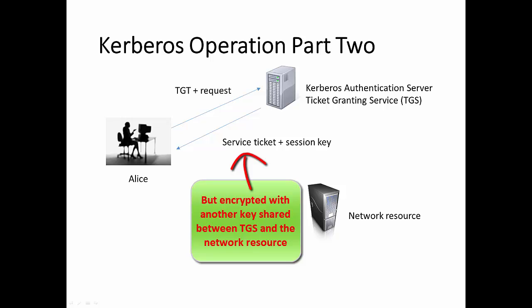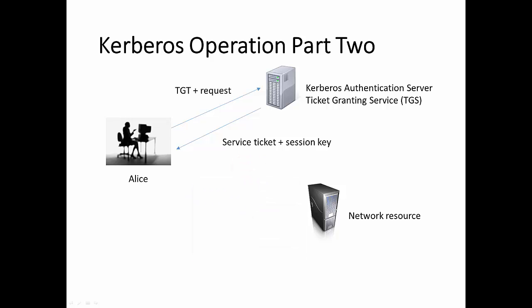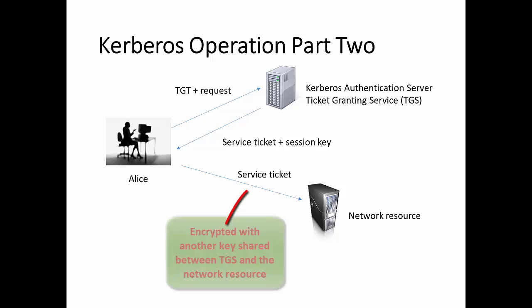Now the next step is, since Alice now has her service ticket, she can send it to the network resource she wants to use. That's what's happening here in the next step. She's sending her service ticket to the network resource, and the service ticket itself is again encrypted by, in this case, a secret key shared between the ticket granting service and the network resource.